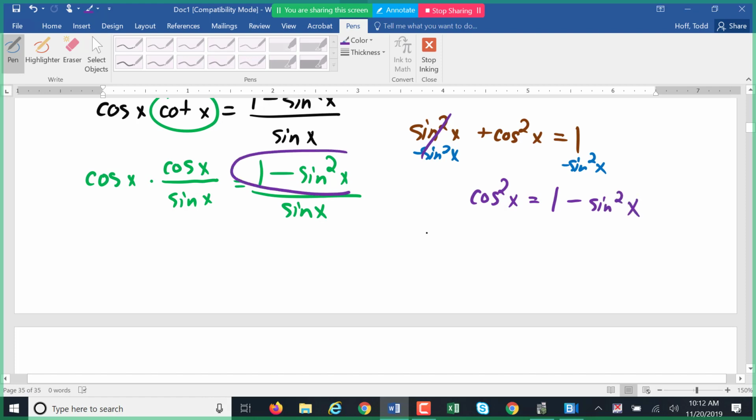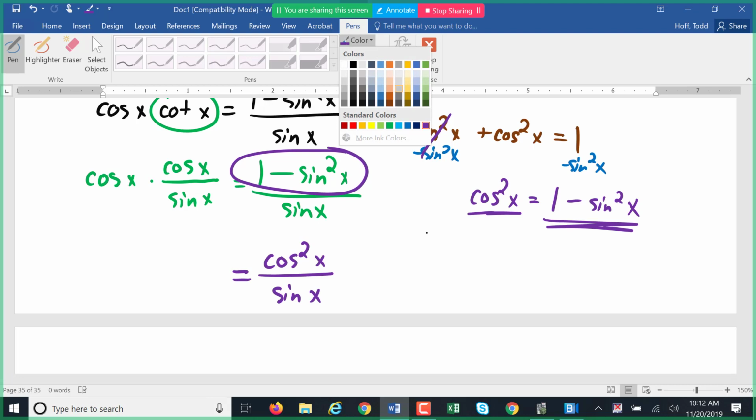Well, looking back here, that's what I have right there. 1 minus sine squared of x. That's equivalent to cosine squared of x. So that right side, if I replace 1 minus sine squared of x with cosine squared of x, I have cosine squared of x over sine x.